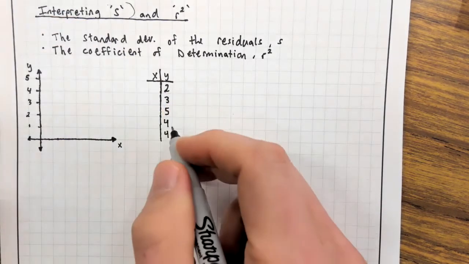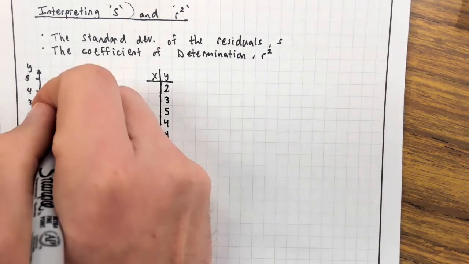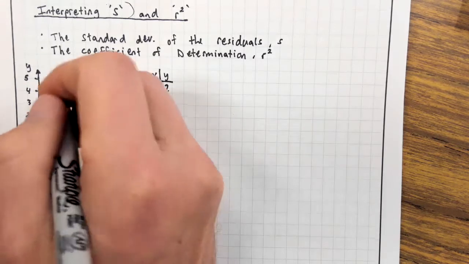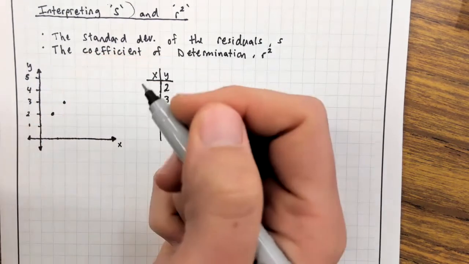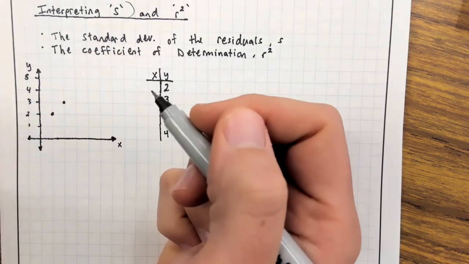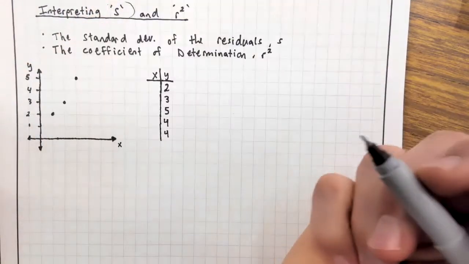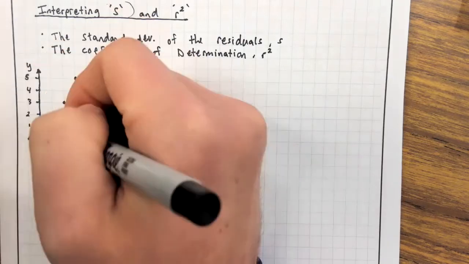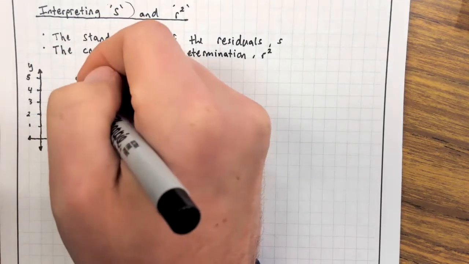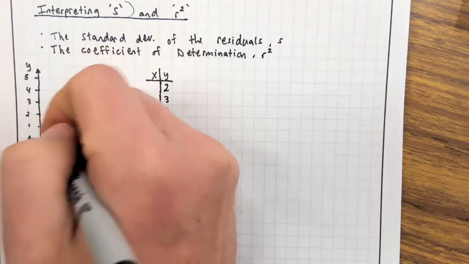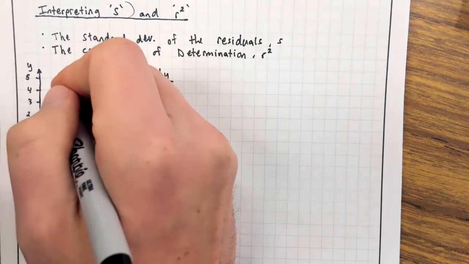So I got a y value of 2, and we're going to put that right here. My y value of 3 is going to go right here. My y value of 5 is going to go way up here. Then I've got a y value of 4 right here, and another y value of 4, and it's actually going to go right here.